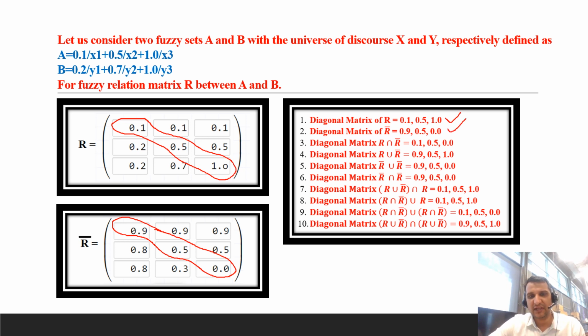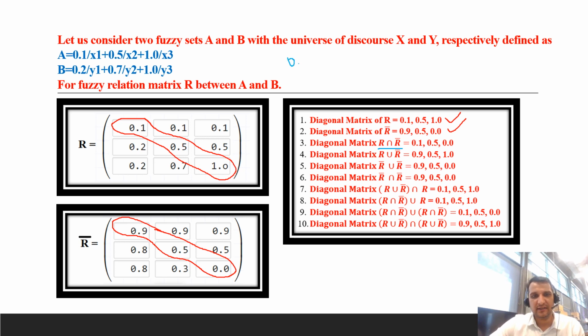In the next question, the diagonal matrix of R intersection R bar. This is the diagonal matrix of R and this is the diagonal matrix of R complement, so we have to take the intersection. In intersection we take the minimum of them: 0.1 and 0.9, so the minimum is 0.1.